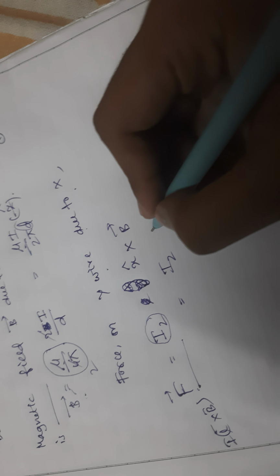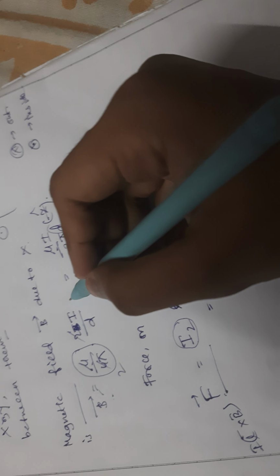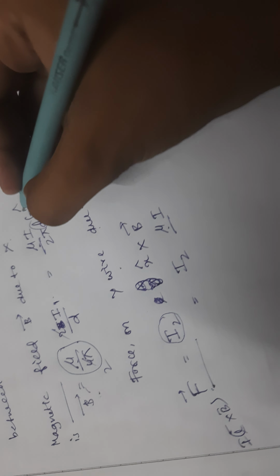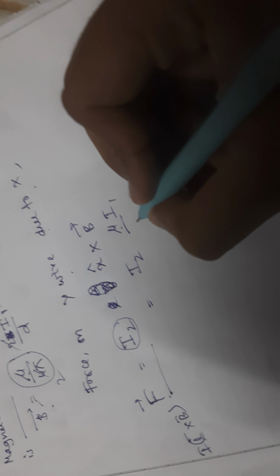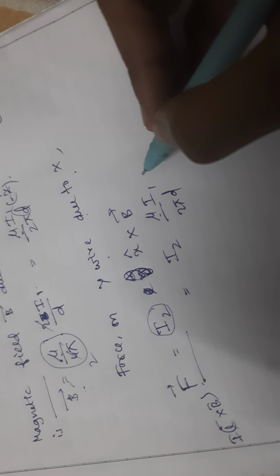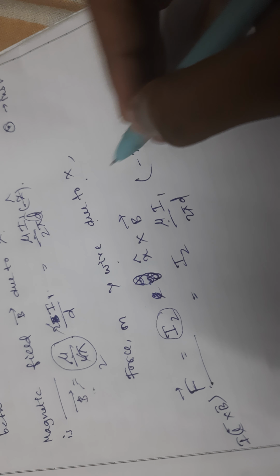So that's I2 and that's mu naught I1 over 2 pi d.